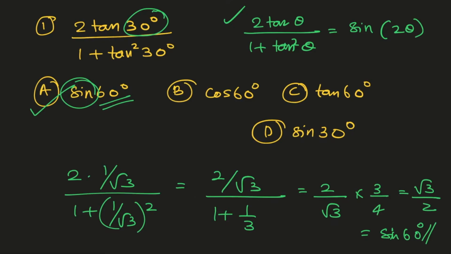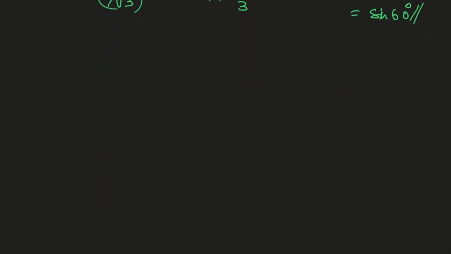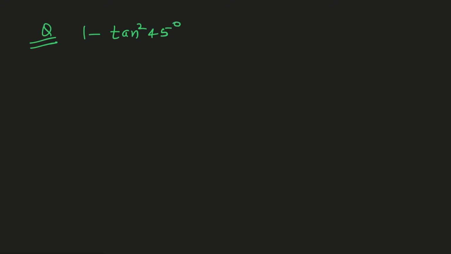All right. So let's see another question. The question is 1 minus tan square 45 degrees divided by 1 plus tan square 45 degrees.